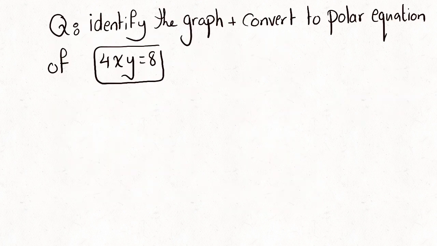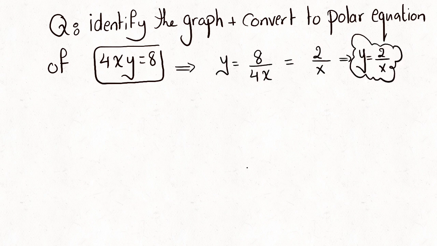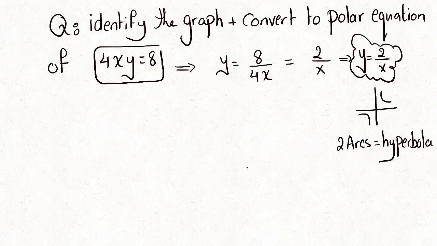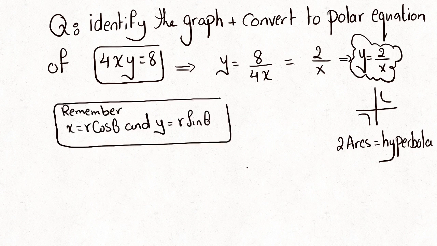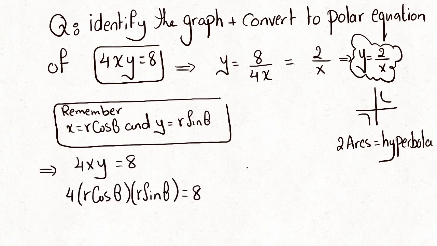Again, another example, you've been given the shape 4xy equals 8. We will simplify it into the form y equals 8 divided by 4x, and it's a reciprocal function, but keep in mind reciprocal function is another name for the hyperbola. Thus we recall that x equals r cosine theta, y equals r sine theta. We substitute them in the original equation.